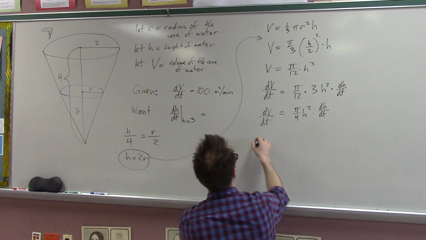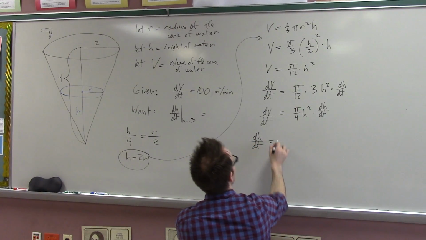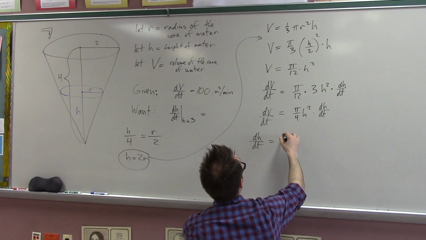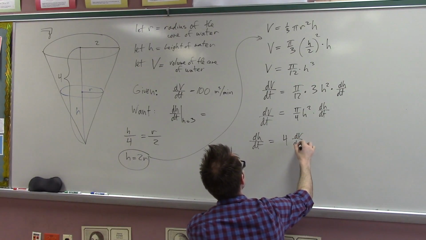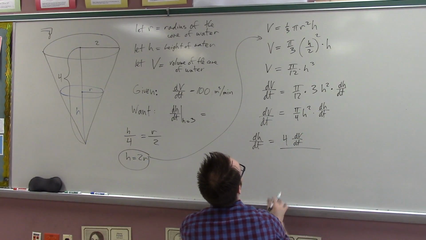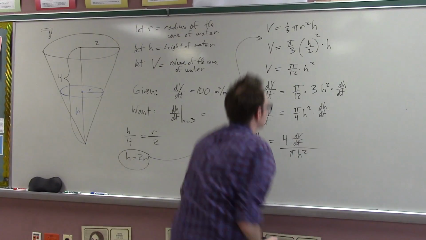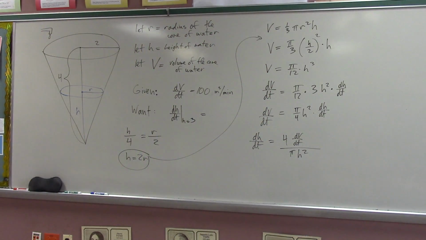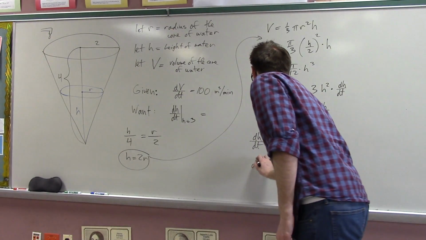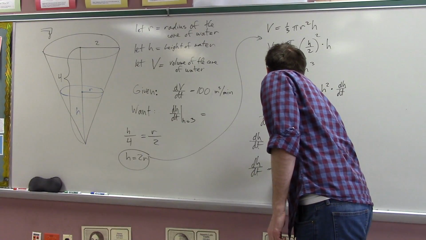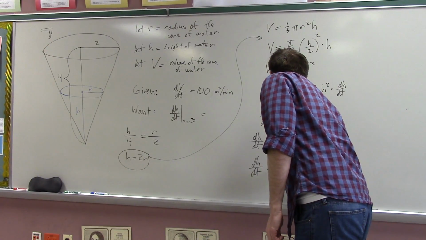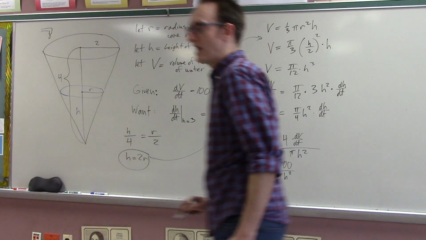So what is dH dt? dH dt is 4 dV dt over pi h squared. Did I do that right? Yeah. Okay. So that's in general, but also I know what dV dt is. It's 100, right? So that gives me that dH dt is 400 over pi h squared.